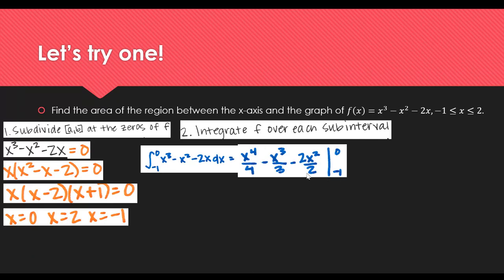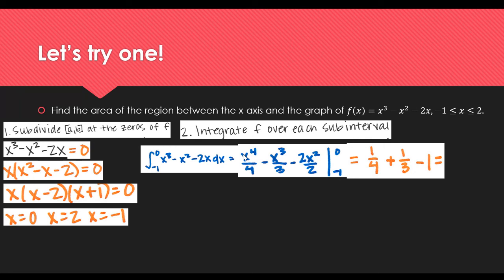I'm going to plug in -1. So when I plug in -1, that's +1 over 4, minus, that's going to be a -1, so that'll be plus 1/3. Those 2's cancel. -1 squared is 1, so -1. 1/4 plus 1/3 minus 1 is -5/12. So that's my first answer.